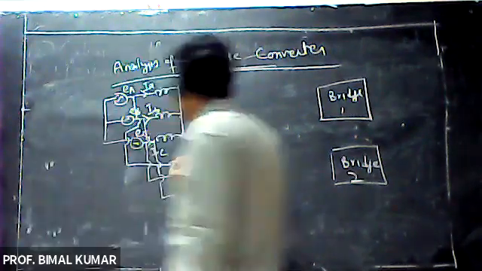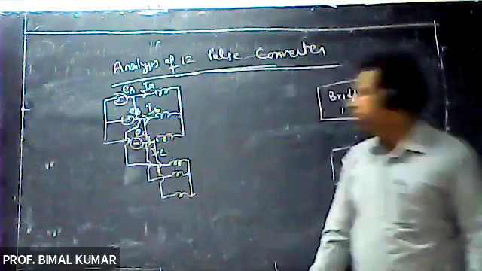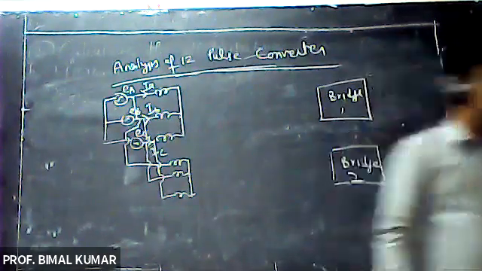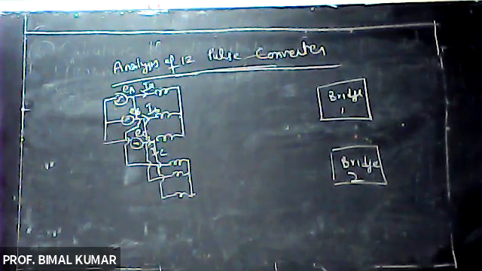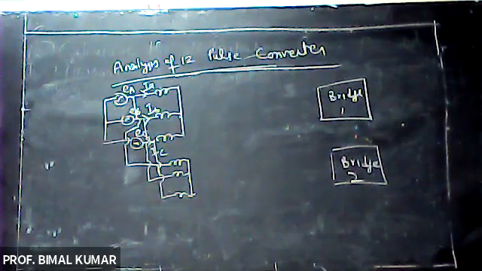A is connected with the first phase, B is connected with the second phase, and C is connected with the third phase of transformer 2. Right?